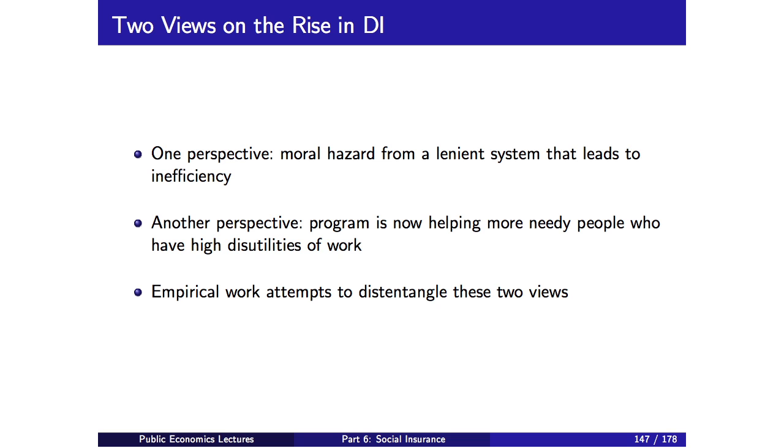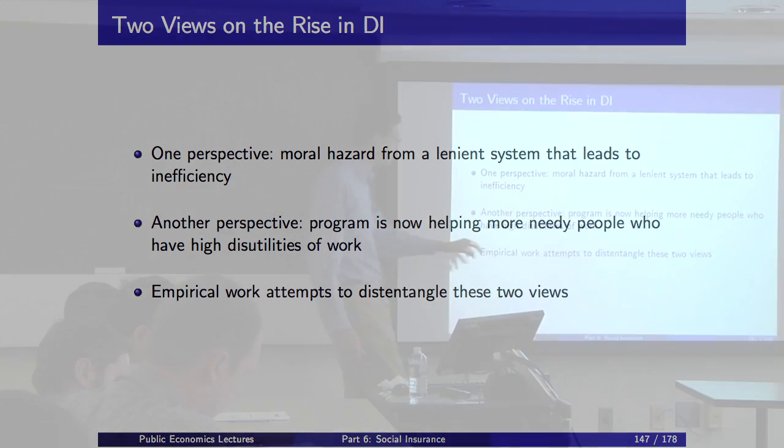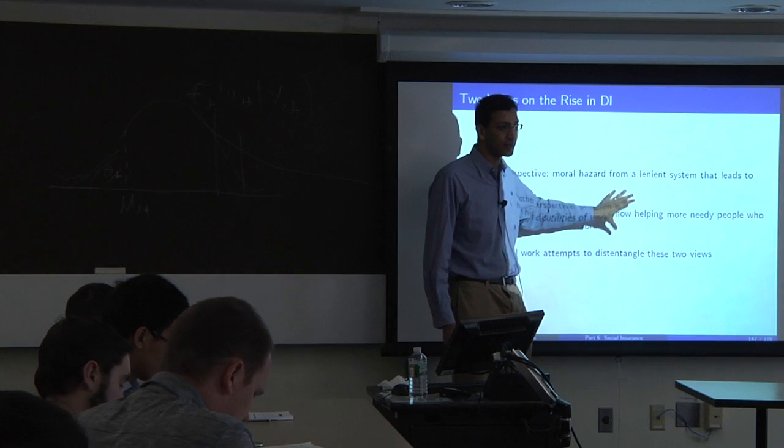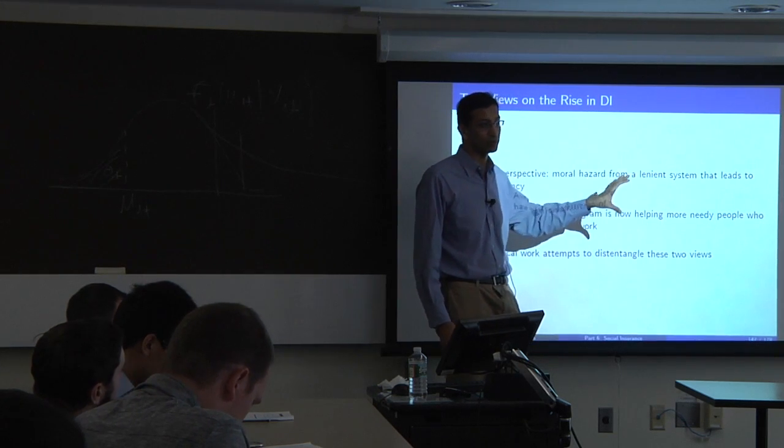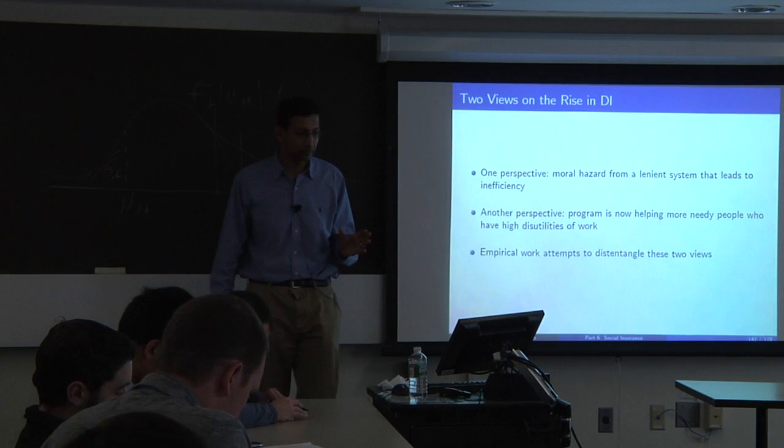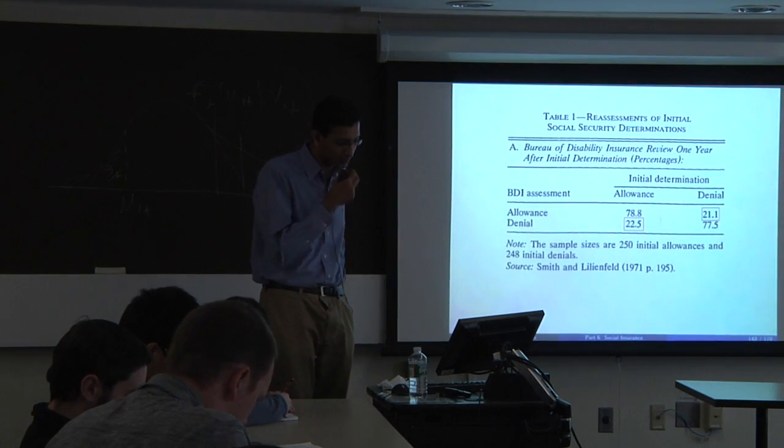You have to do something in order to generate income. Their disutilities of labor were really high, but they were forced to work because of an income effect, and so they were inefficiently working. So the increase in DI, even if it was caused by changes in the program rules, is maybe a good thing. Empirical work attempts to disentangle these views, and I say attempts because I think it does not actually get to the normative question. That is precisely where important work remains to be done.